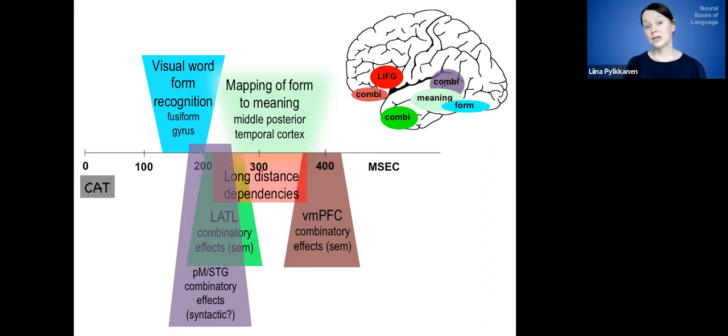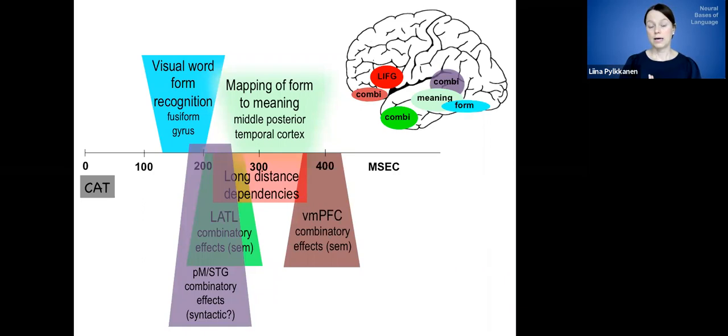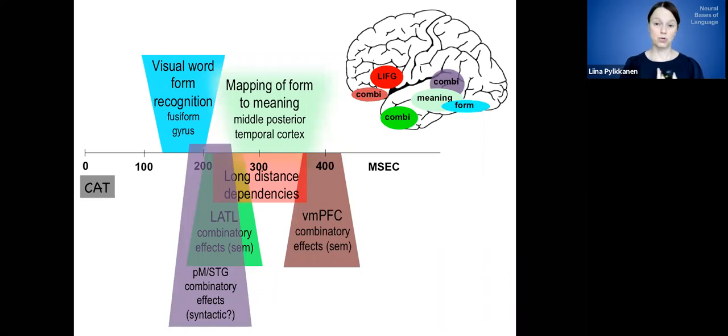So what we see here is that a picture is emerging in which between 200 milliseconds and 400 milliseconds, a very small amount of time, there is a very complex set of processes that both access and represent word meanings and then perform all the various types of computations that are required in order to actually integrate that word into its broader context.